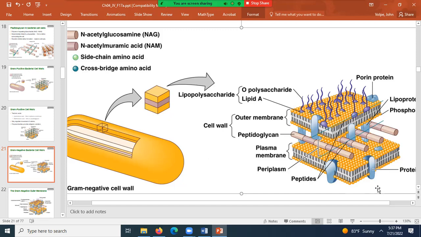And if it's moving into the cell, it moves into the cell, but there can be other proteins the cell doesn't want, and it'll move them out of the cell with the transport protein. So the transport proteins are very specific.